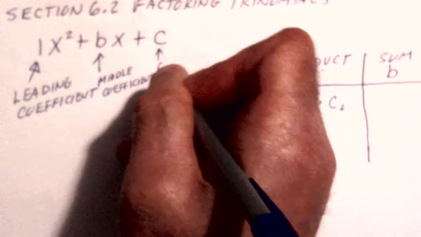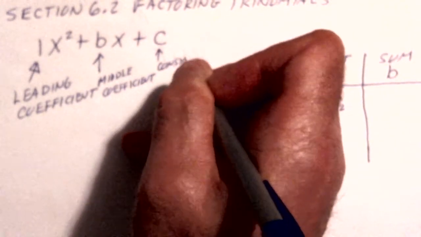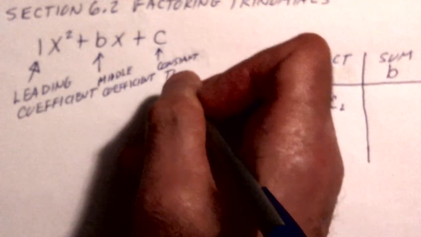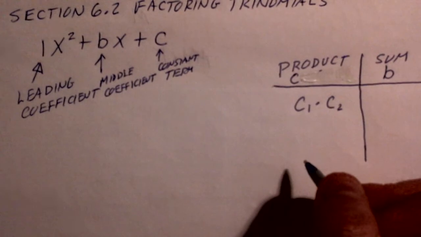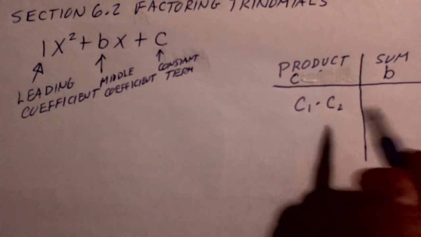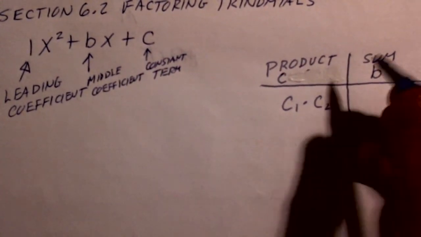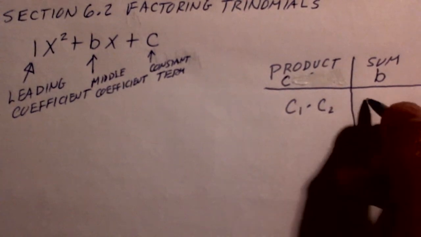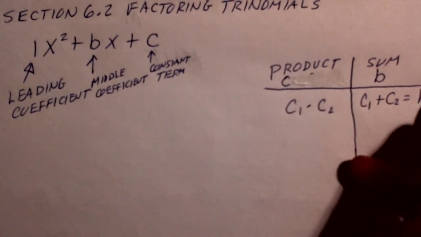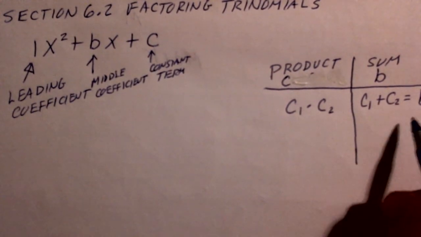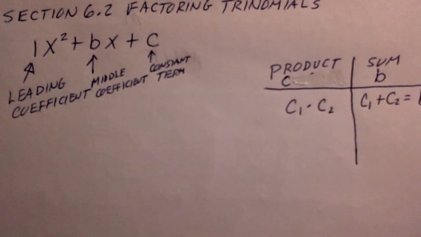And so C again is called our constant term. So if we can find two factors of our constant term that add up to our middle coefficient, then essentially we have accomplished our task here.